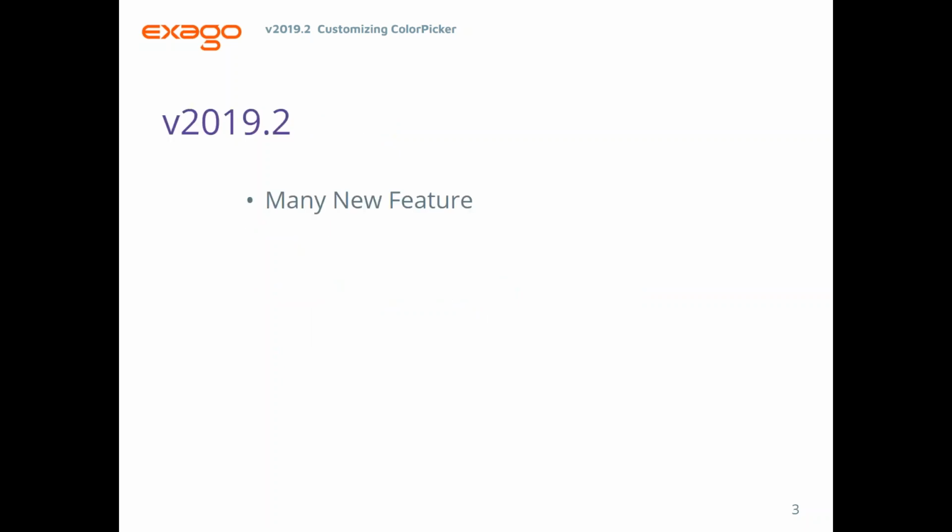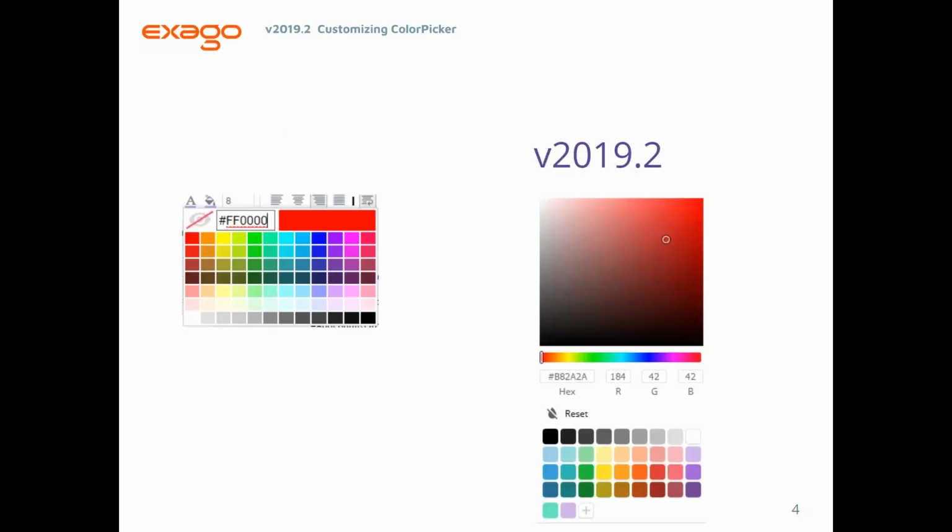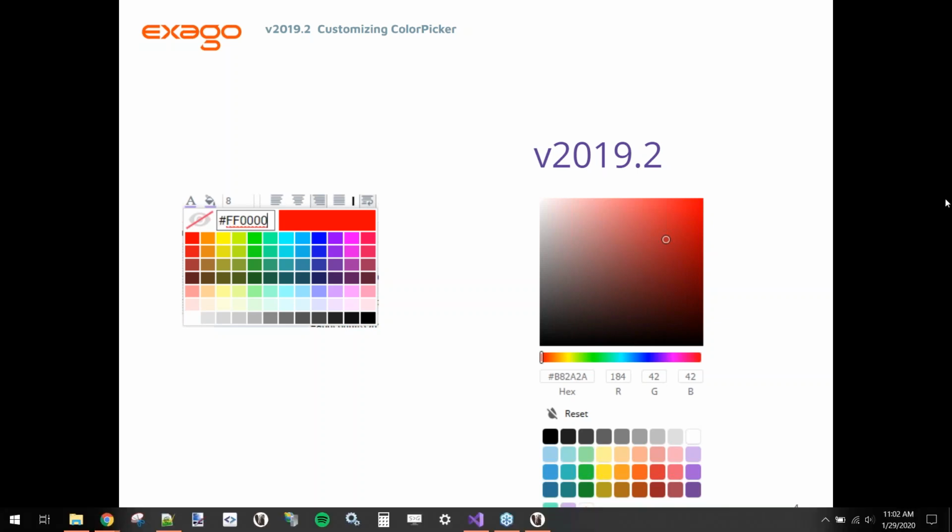So in 19.2, there are a lot of new features, and today's focus is going to be the color picker. This is going to be a comparison of our 19.1 color picker, where we have a grid of colors, and a user can type in a hex value. So if they have a specific branding color, they can just type in your basic hex value.